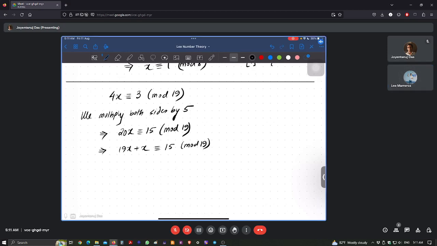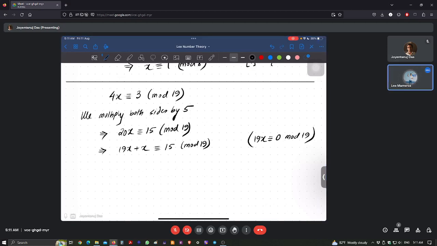But 19x is 0 mod 19, because it is divisible by 19. So this will go to 0, and x is congruent to 15 mod 19.